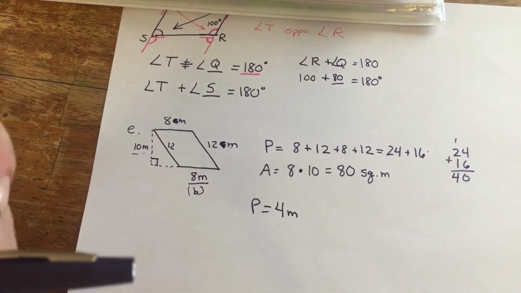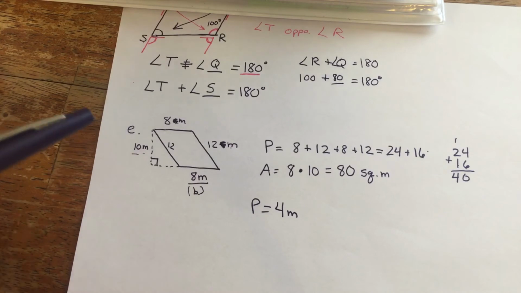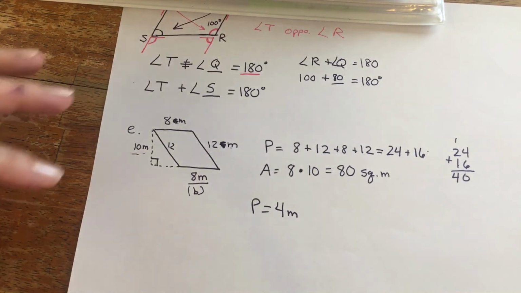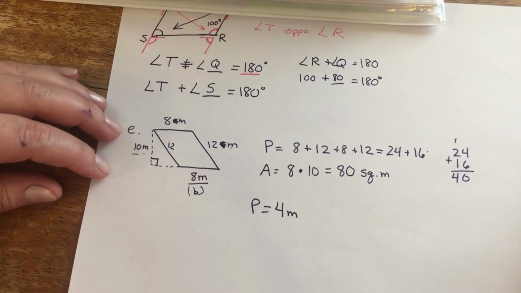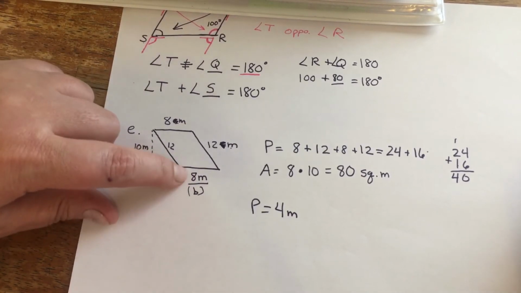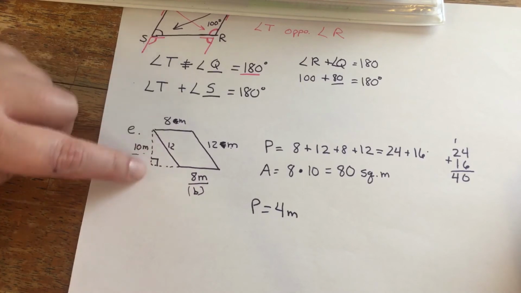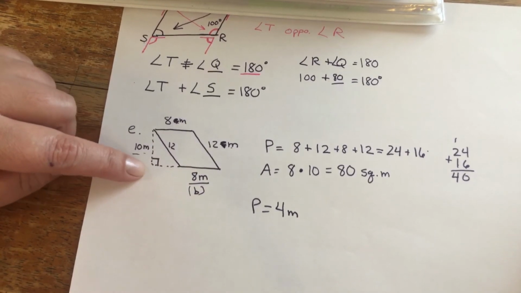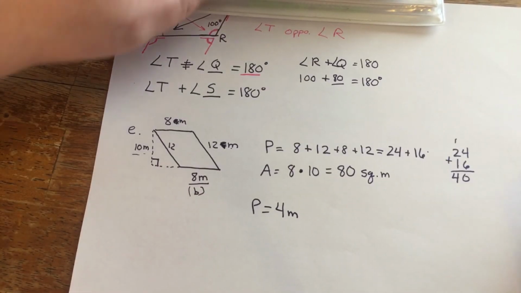You guys can do F, but I'm going to go on to G because it says the formula for finding the area of a parallelogram is area equals base times height. This formula means the area is equal to the base times the height, but it shows two parallelograms over here.